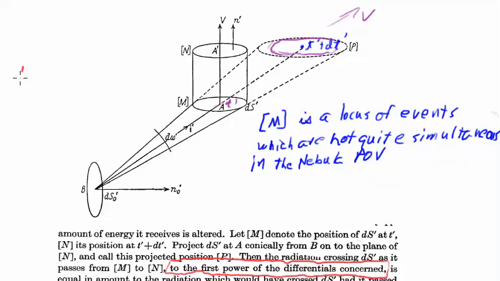So let's put it this way: E actual, which is the energy absorbed, the energy that passes through the aperture going from here to here, equals E pretend, which is the energy that goes through the aperture if you imagine it going from here, expanding as it goes away, directly away from the surface, minus some first power as it passes from m to n, the first power of the differentials concerned.